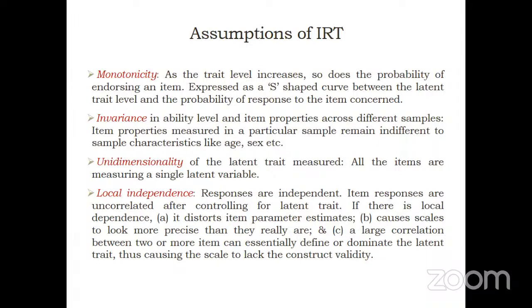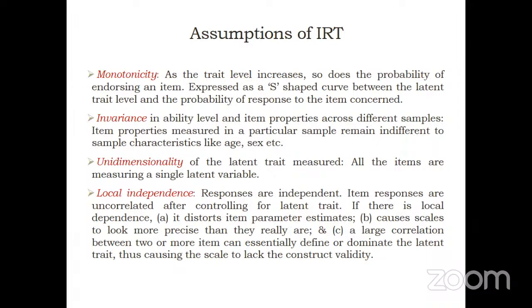The fourth assumption is local independence, which means that responses are independent. Item responses are uncorrelated after controlling for the latent trait. So if you take out the latent trait part, the item responses should be uncorrelated to each other.